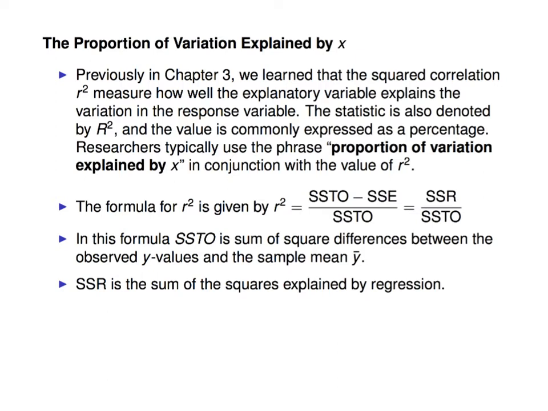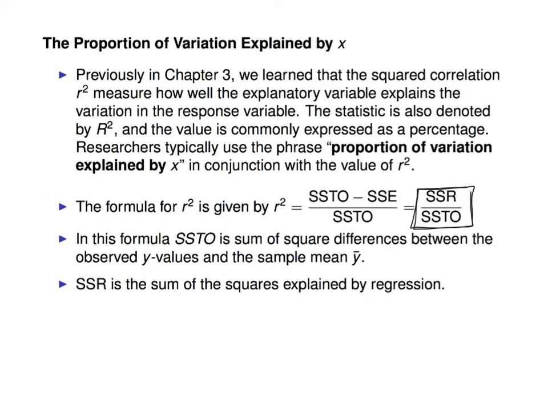Researchers typically use the phrase proportion of variation explained by X in conjunction with that value of r squared. And here is the formula. R squared is given by this thing called SSTO minus SSE over SSTO, which after some algebra gives you this thing. Statisticians love these shortcut names, and so it's just good you kind of have seen them before in case you take another statistics class.